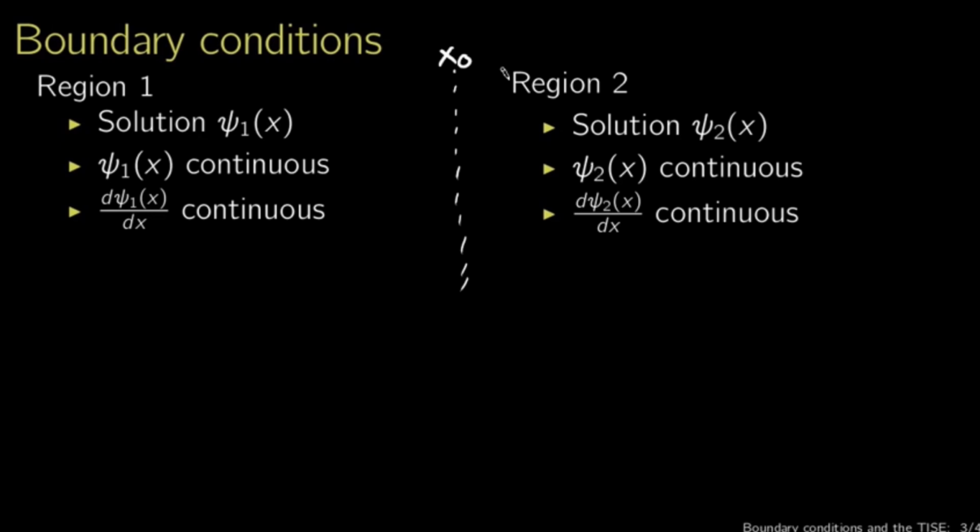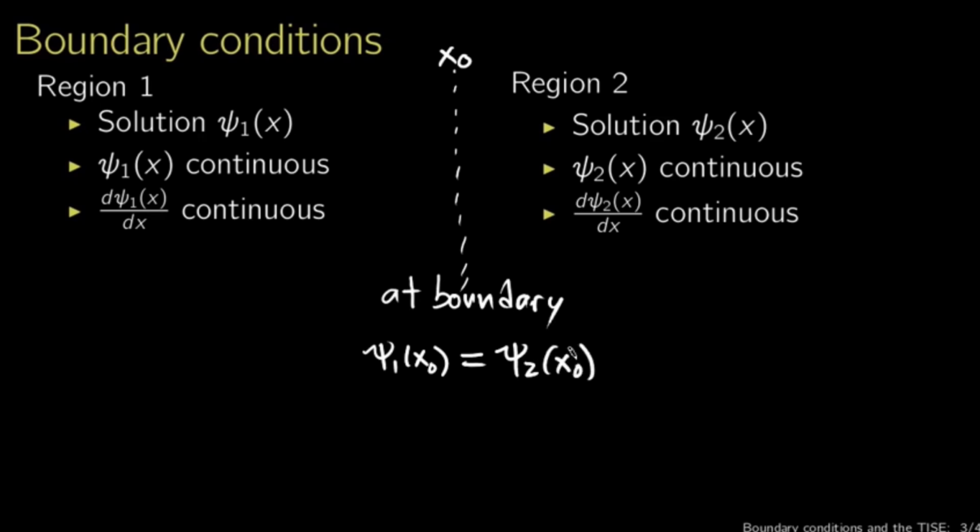At our boundary, something special happens, and we change over from solutions in region 1 to solutions in region 2. What that means is that at the boundary we have to have allowed behavior for psi, so psi 1 evaluated at x0 must be equal to psi 2 evaluated at x0.